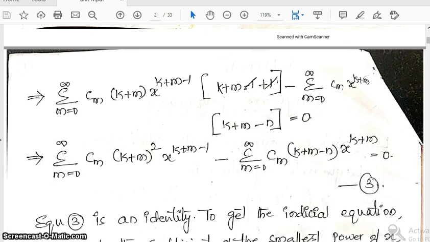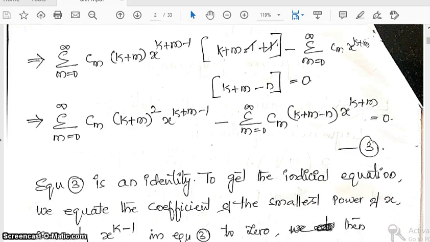Then by simplifying this equation, you will get summation c_m into (k plus m) whole square into x to the power of k plus m minus 1, minus summation c_m into (k plus m minus n) into x to the power of k plus m equal to 0, which is denoted by equation 3, and this is an identity.